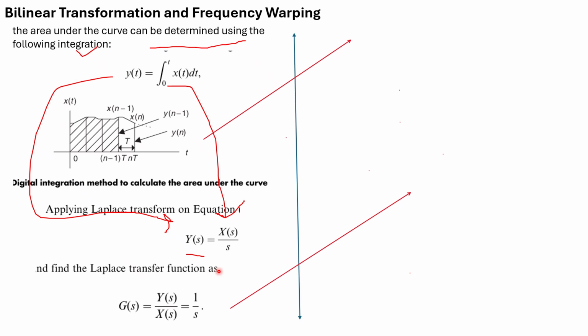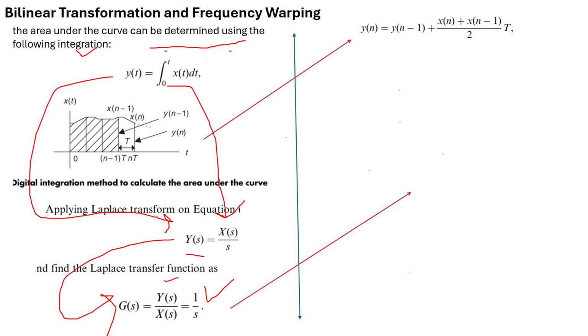You can check it, right? Further you can convert this: G(s), your transfer function, is output divided by input. So Y(s) divided by X(s) is nothing but 1 by s, right?